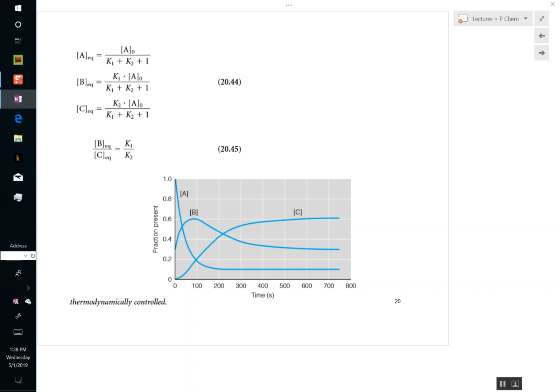And so they're saying it's thermodynamically controlled. C may in fact be a much more stable compound than B. C is a more stable compound than B, and it ends up at a higher concentration.